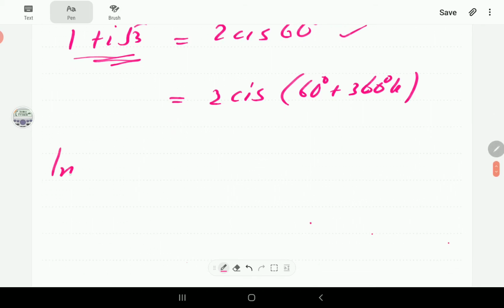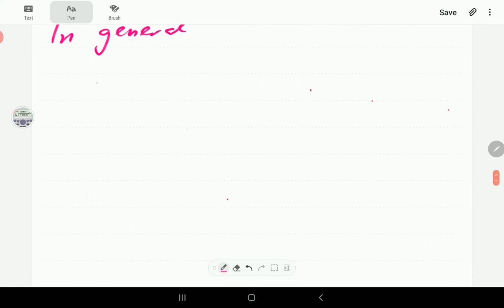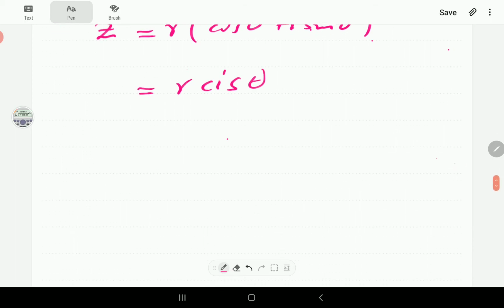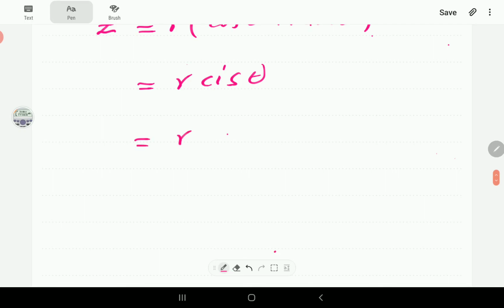Now, in general, you're going to remember that the complex number, we can write it in this form or this abridged version. This is going to be the same as theta plus 360k.